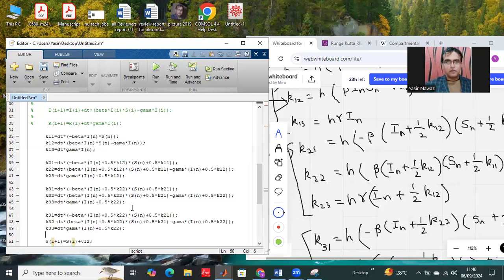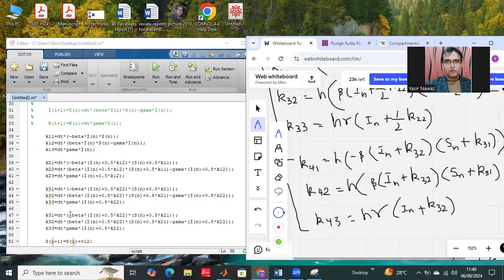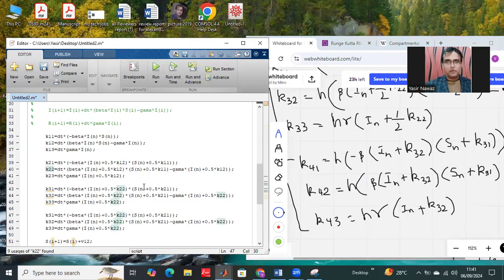Then the third one, and there is a fourth component. The fourth component is without the 0.5. The previous component for infected is 3-2, without 0.5, and the susceptible previous component is 3-1.